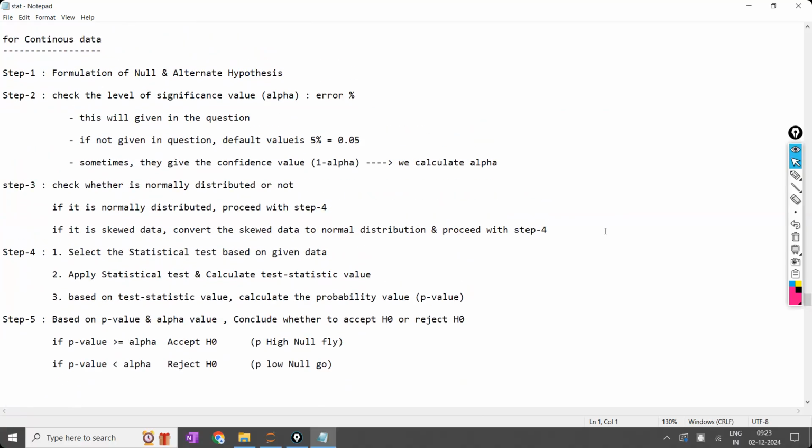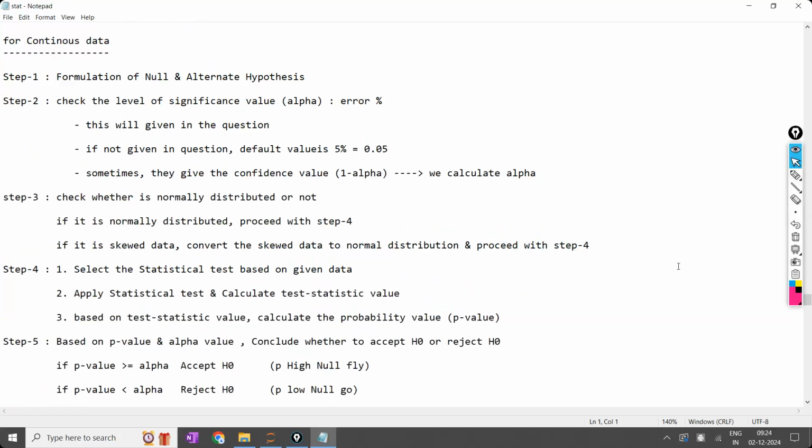Now, in today's class, we are going to continue with the same, with multiple case studies, and see how this works.